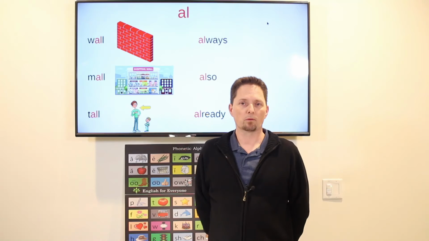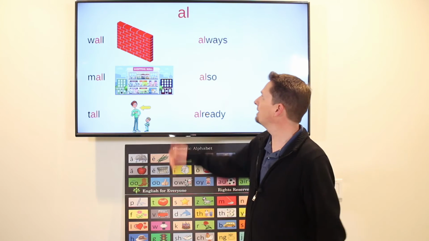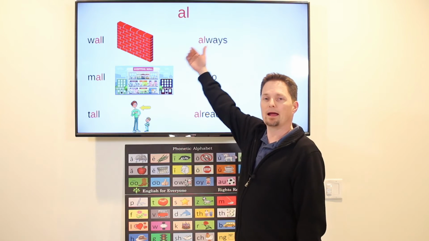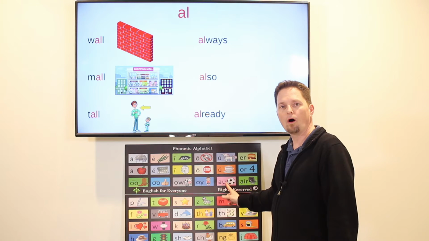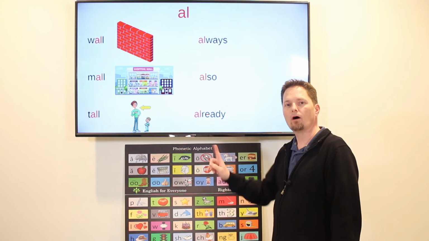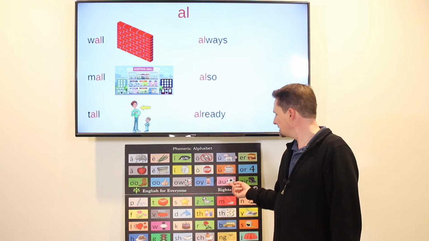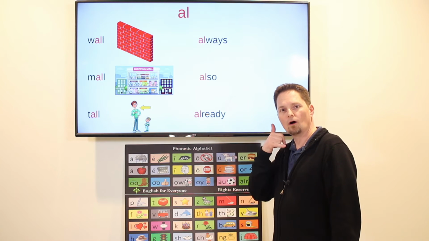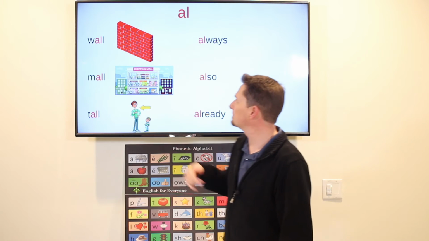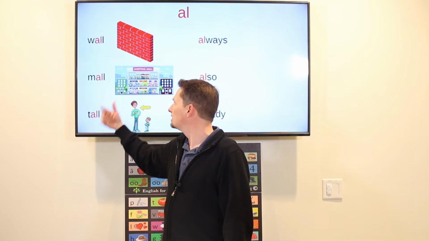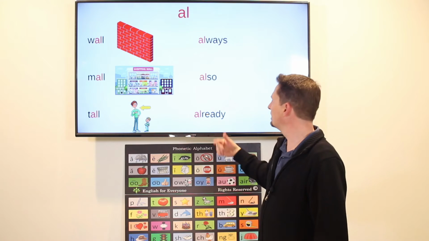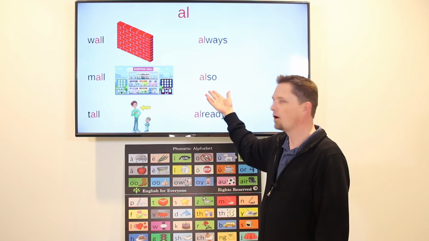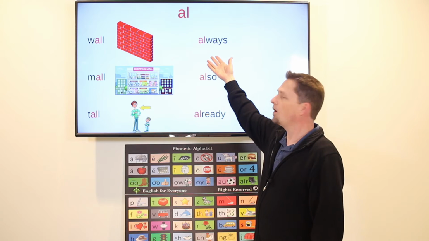Air. Another important sound of A is when you have A before L. A before L makes an open sound, right here, aw. This is aw like on and off. This is aw like ball and call. Let's look at some examples. Wall, mall, tall, already, also, always.